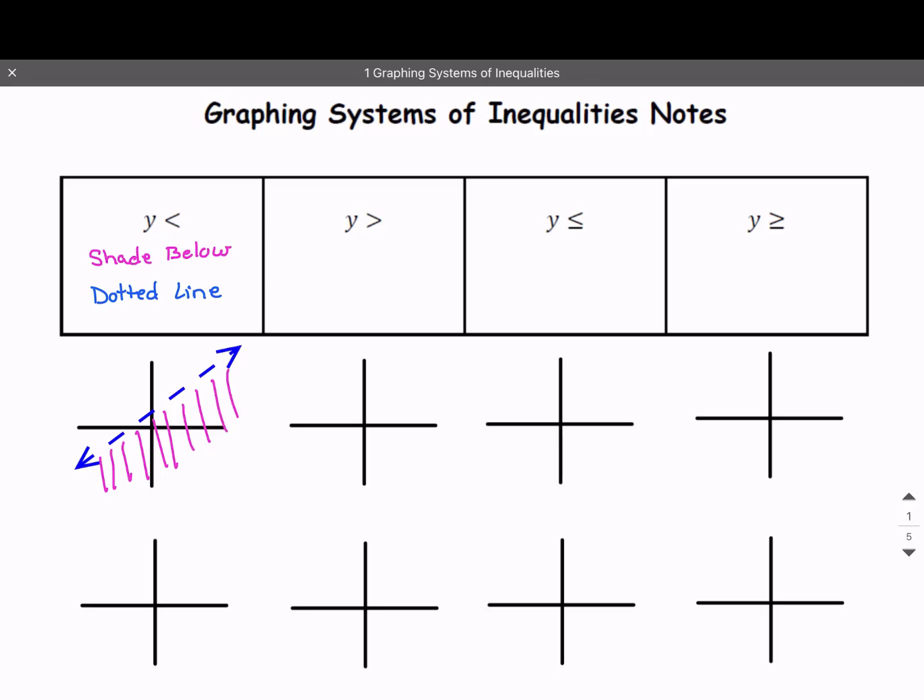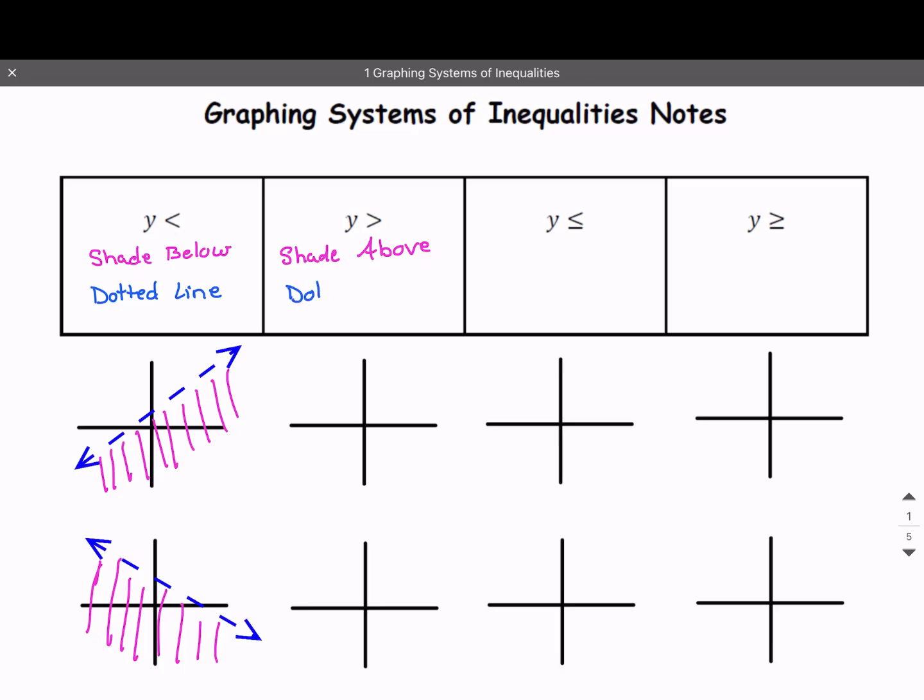We might also instead have a decreasing line, but again, where the values are going to be less than the line, it is going to be below the line. Now, if we look at the second box, we have y is greater than. So if y is greater than, it means y is above it or a larger value, which means we are going to shade above the line. And again, there's no or equal to, so any points on the line are not in the solution.